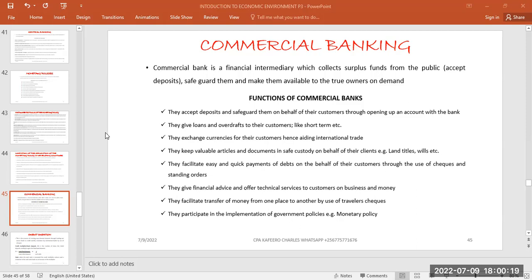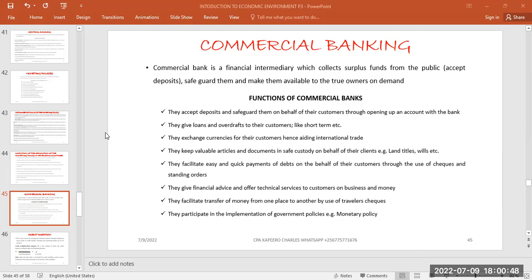An overdraft is the money that you withdrew from the account that is more than what you had there. Let's say you had 2 million in your account and you went to the bank and withdrew 3 million. It means that 1 million is over and above the account balance. It means they have given you a loan. It's like a short-term loan.